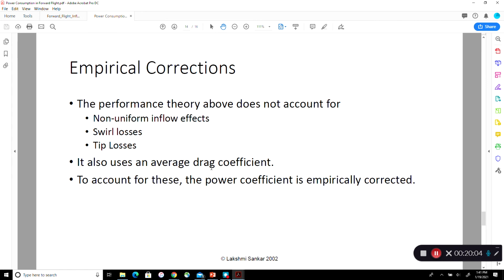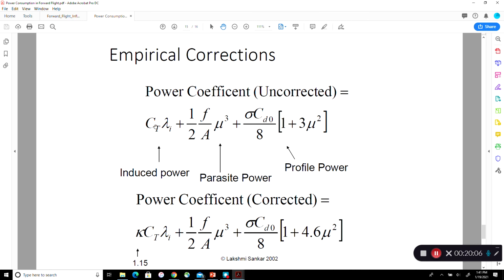So what is done in common practice is to correct this expression that we just derived rigorously by adding a kappa correction factor for the induced velocity. This is 15% more. This extra 15% is for the swirl effects, for the tip loss effects, and any other induced inflow corrections, non-uniform inflow, those types of effects.